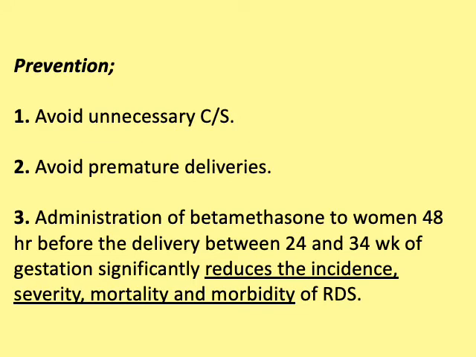Regarding prevention of respiratory distress syndrome, number 1, one should avoid unnecessary cesarean section deliveries. Number 2, we should avoid premature deliveries. Number 3, we should administer betamethasone to women 2 days prior to delivery, those with gestational age of 24 to 34 weeks, which significantly reduces the incidence, severity, mortality, and morbidity of respiratory distress syndrome.